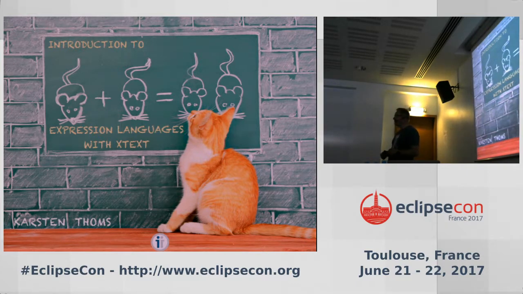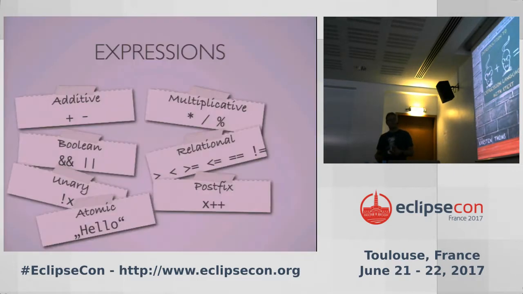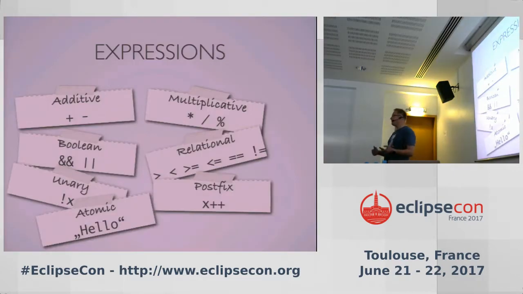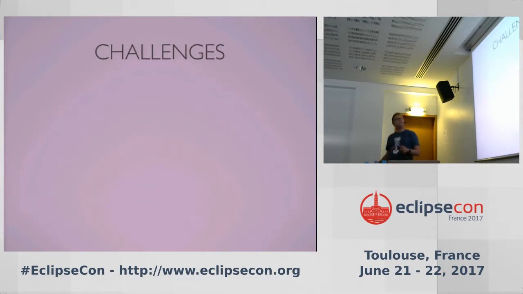But sometimes you need to embed expressions, all the kinds of things like additions, multiplications, and so on. And that's unfortunately not really trivial. But there's one thing that you could use. Whenever I used expressions in the past, I just said, okay, just go with Xbase.